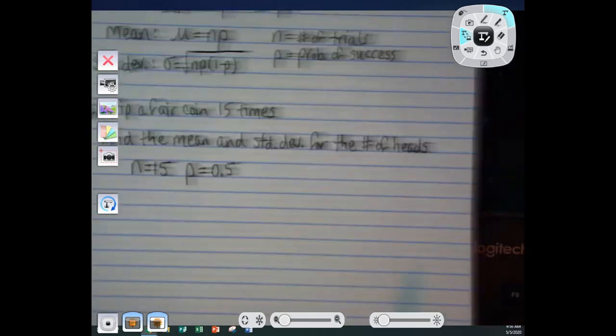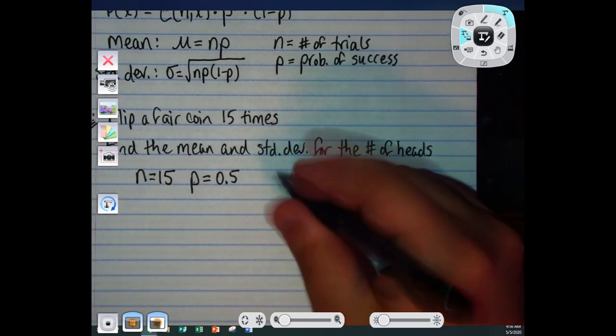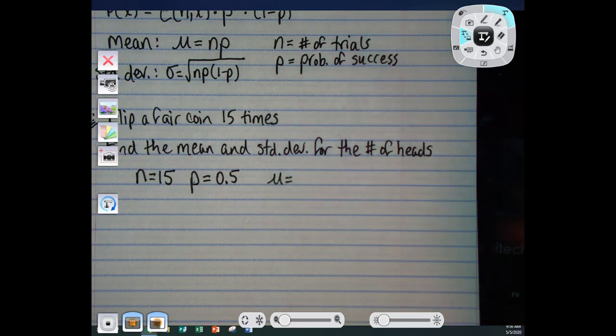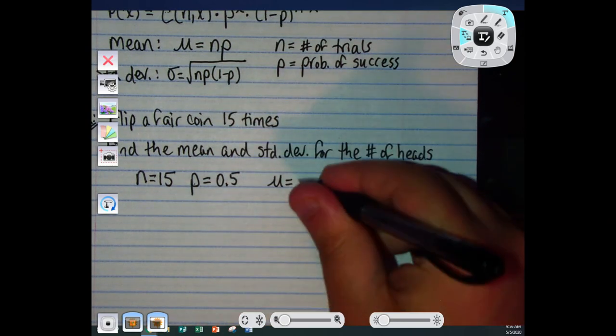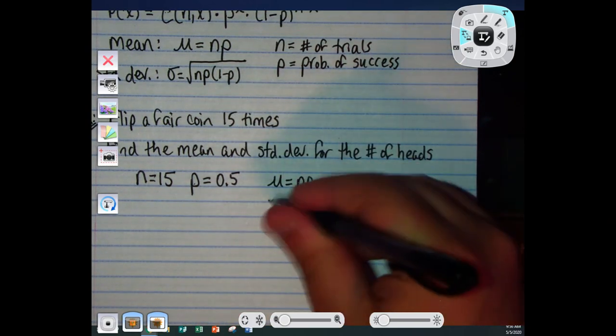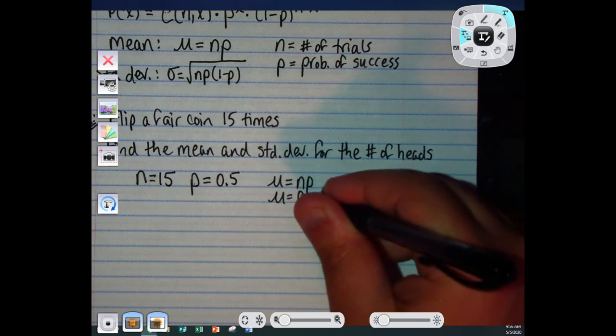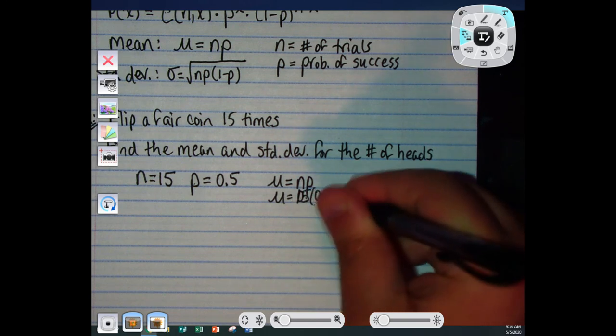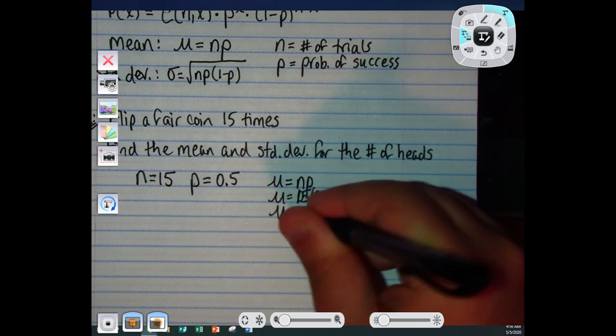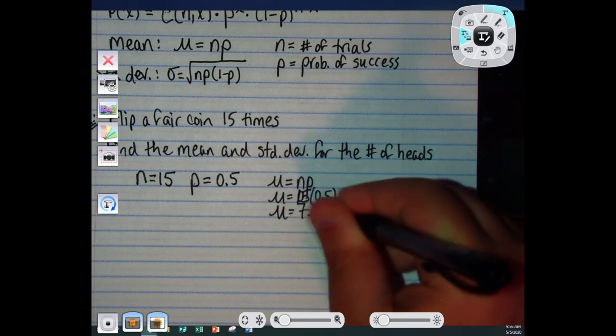So using that information, now we can calculate mu. We're going to do sigma here in a minute. So we know that mu is equal to n times p. So here we do 15 times 0.5, getting confused. So we get mu is equal to 7.5.